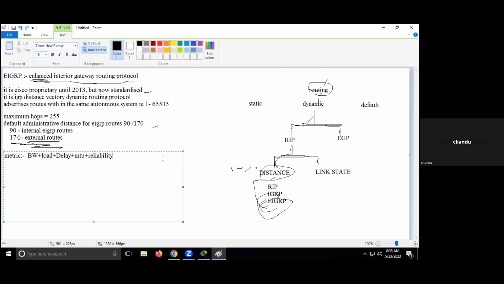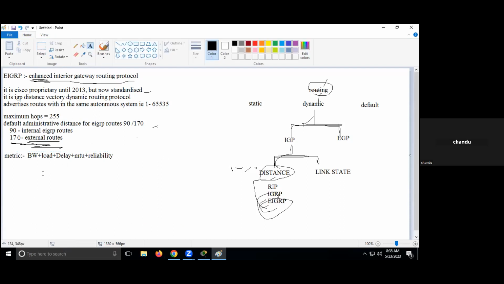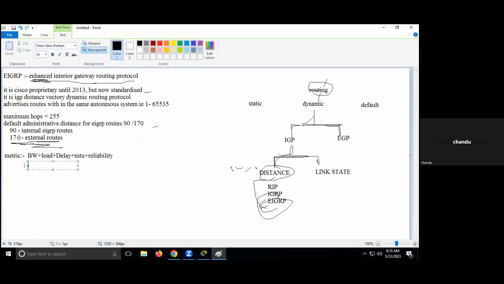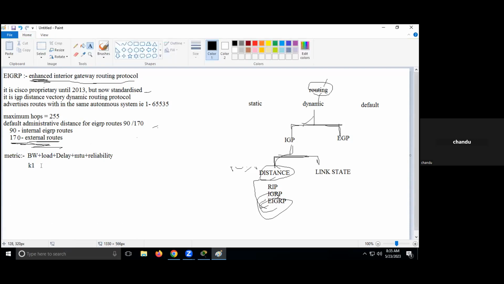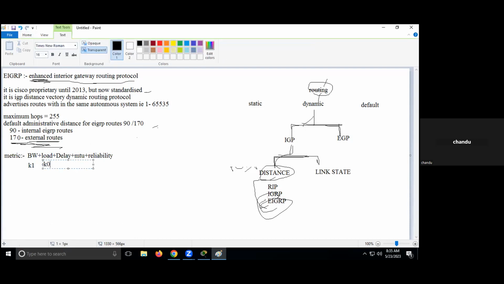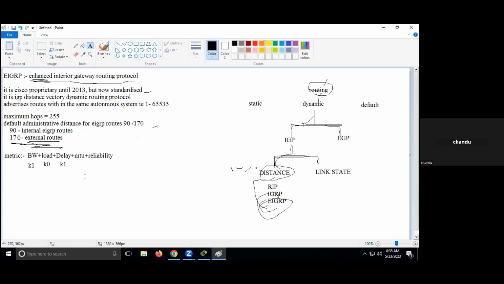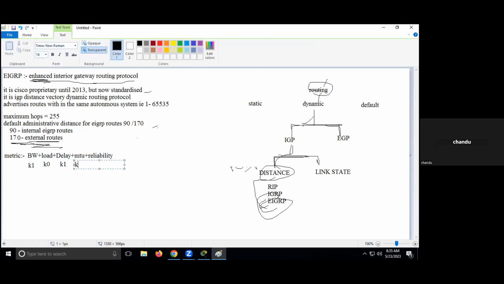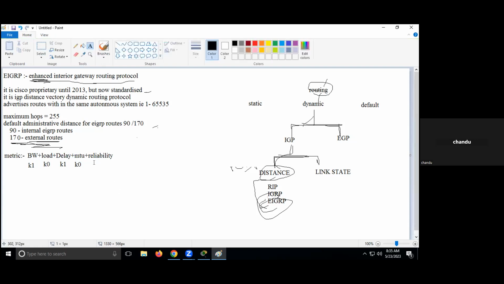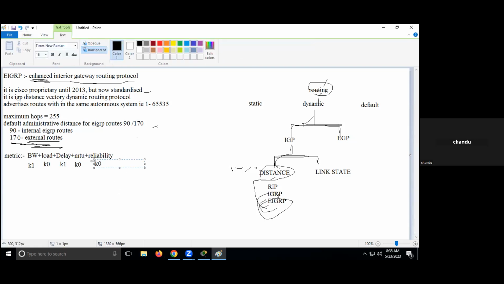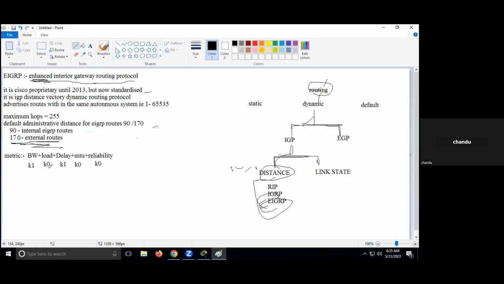These are the 5 K values. Bandwidth is K1, load is K0, delay is K1, MTU is K0, and reliability is K0. So the K0s are excluded from the calculation. EIGRP calculates the best path based on bandwidth and delay.